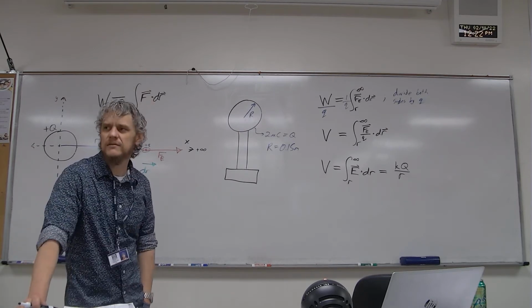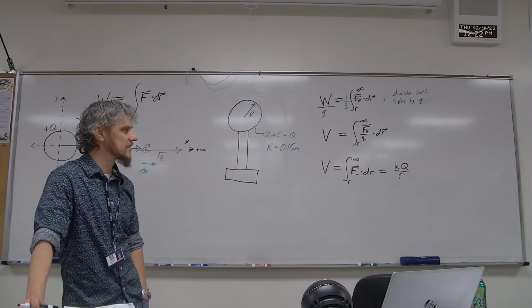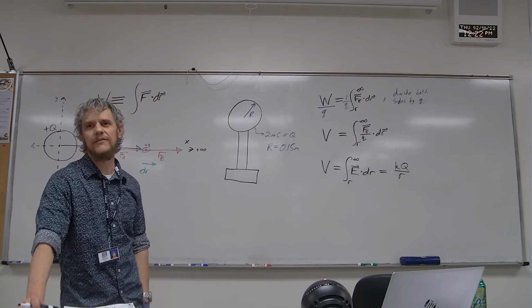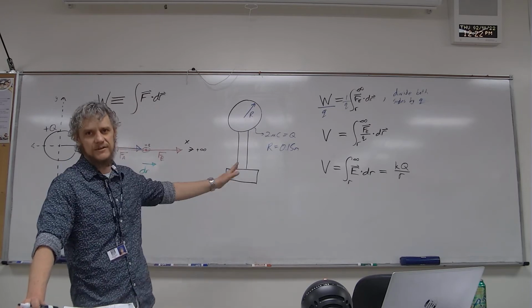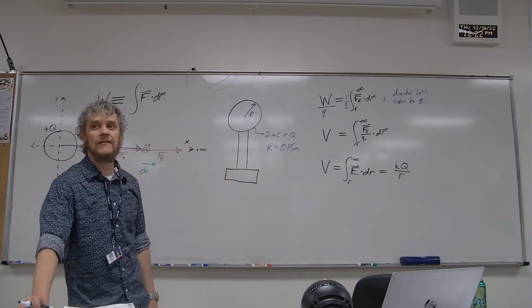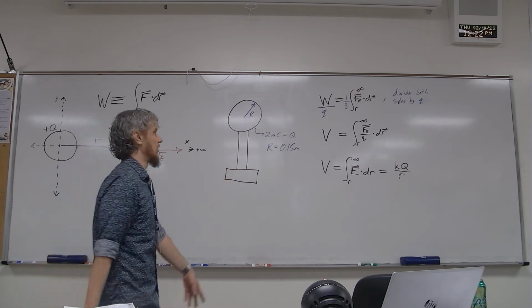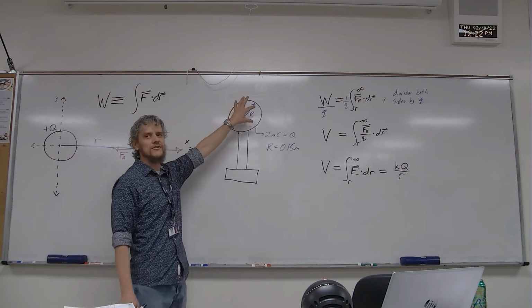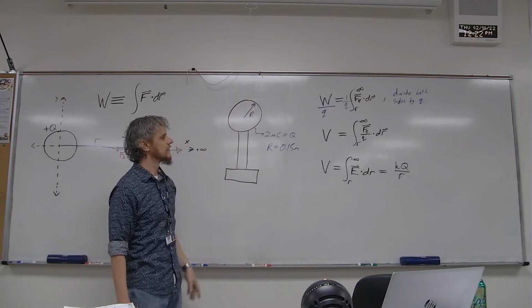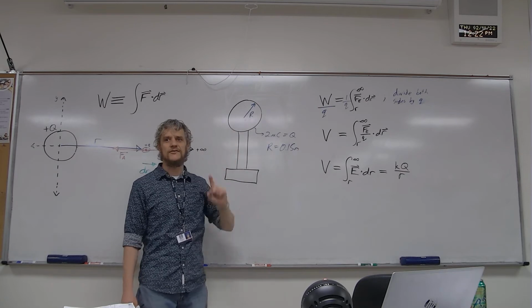Didn't we already do that? Yeah, that's the electric potential on the surface of a spherically symmetric charged conductor. You're going to have a lot of questions dealing with charged conductors and the electric potential on their surfaces.